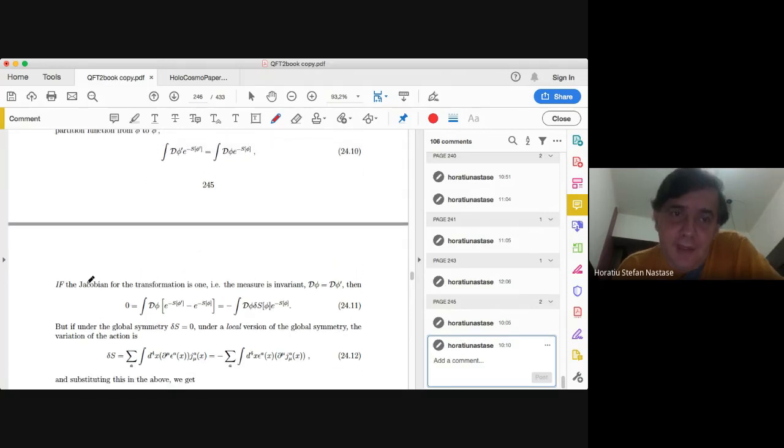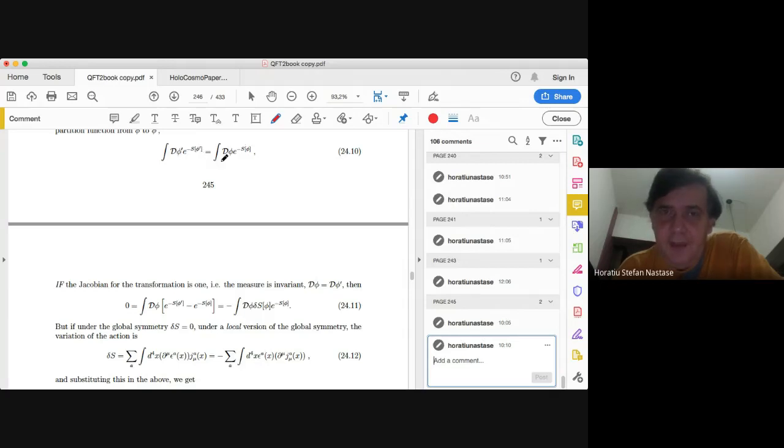But then if the Jacobian for the transformation from phi to phi prime is 1, that means the measure is invariant, d phi prime equals d phi. This is the important step.